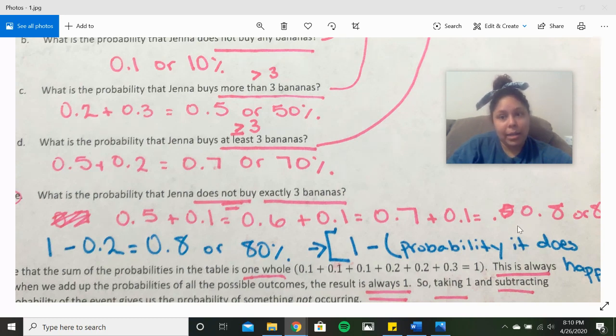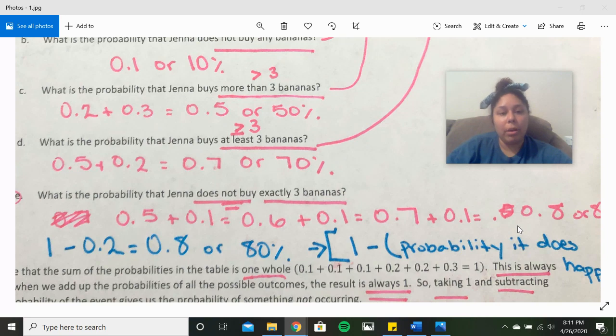Or I can take 1, because remember that probability is 0 out of 1, so that 1 is the probability of all of the events, the probability of 0 bananas, 2 bananas, 5 bananas, 3 bananas, all the bananas. But I'm going to subtract the probability of buying 3 bananas because this question is asking how likely is she to buy any bananas or no bananas, but not 3.